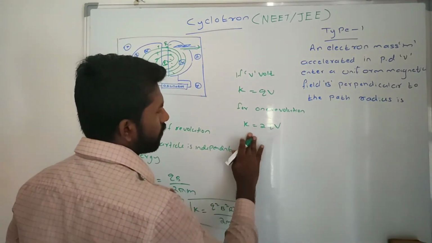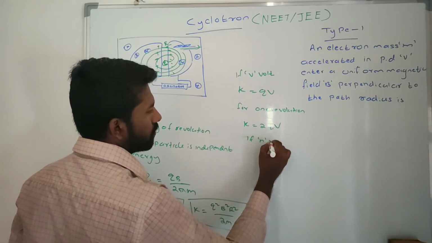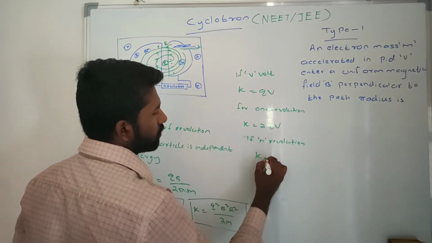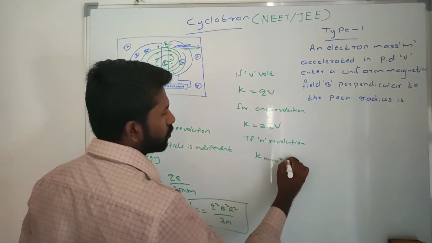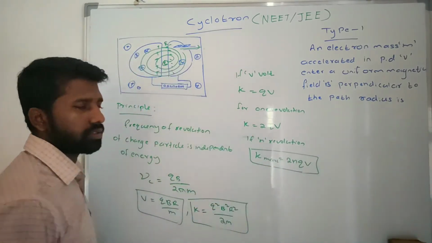So for n revolutions, the maximum kinetic energy is equal to 2nqV. Clear? This is the thing.